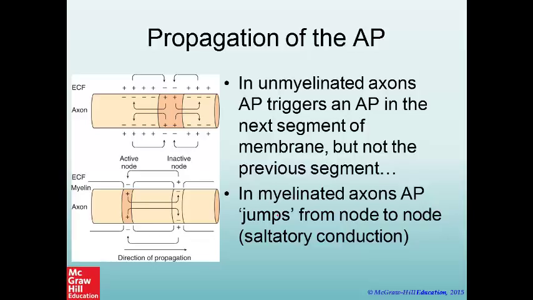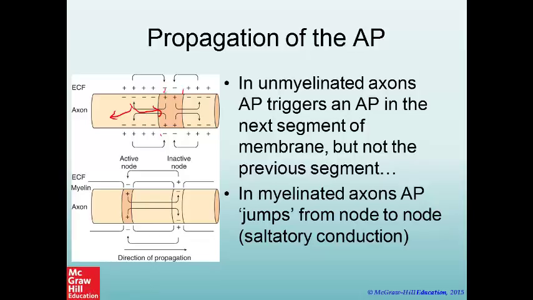Now, propagation along the axon, if it's not myelinated, basically you get an activated segment, and you get a wave of sodium that comes in. Right, sodium travels in both directions.